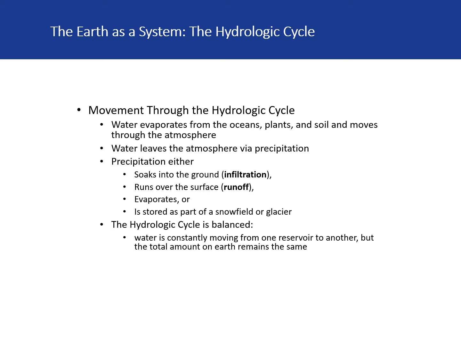Water leaves the atmosphere via precipitation, so snow or rain. And then that rain can either soak into the ground, we call that infiltration. It can run off the surface of the earth and into rivers, or it can evaporate, or it can be stored at high elevations in a snowfield or a glacier.